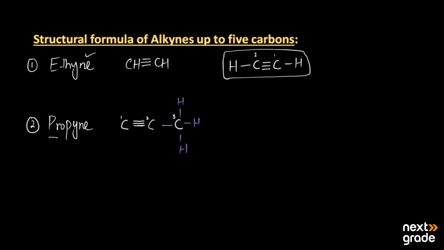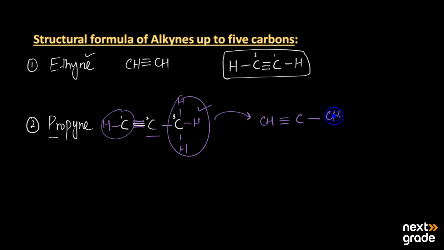Next, this carbon has four bonds, so it needs no more hydrogen. The last carbon already has three bonds, so it will have one more hydrogen. So this is the structural formula for propyne, and its condensed formula is CH≡C-CH3.